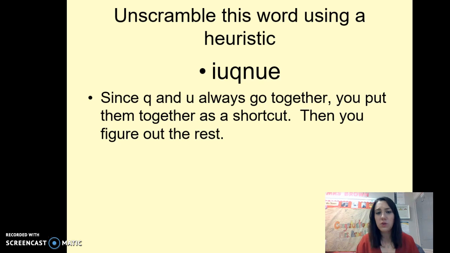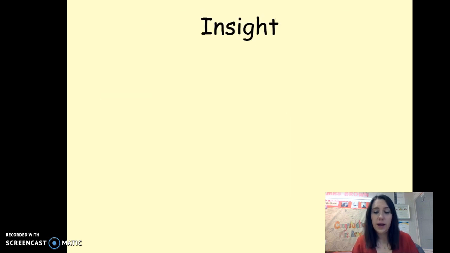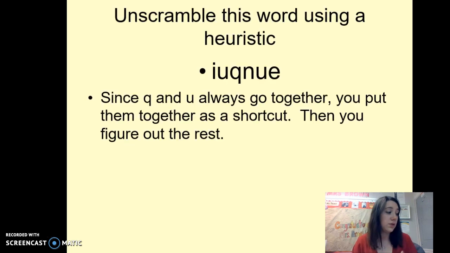Because Q and U go together, we can take the shortcut of putting those together and then figure out the rest. So again, when you see formulated, calculated, step-by-step solution, you should think algorithm. When you see shortcut, rule of thumb, prone to error but faster, you should think heuristic.